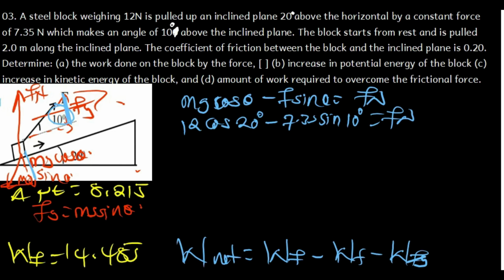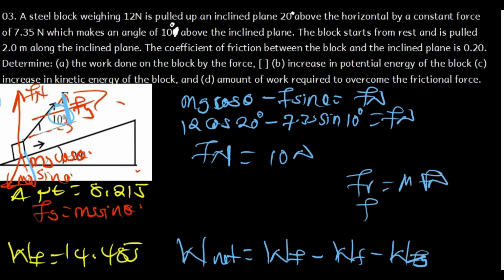I'm getting 9.9999, which is just 10 newtons. Now the friction force is mu times the normal force. The mu value is 0.2 times the normal force, which is 10. So the friction force is 10 times 0.2, which is 2. That is my friction force.